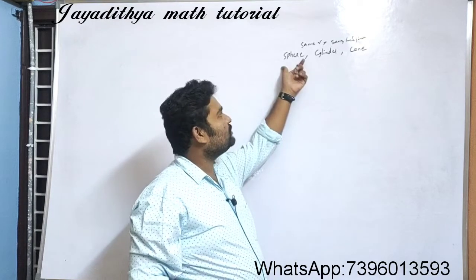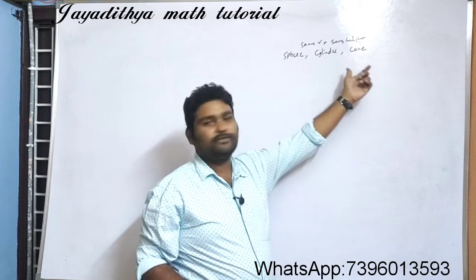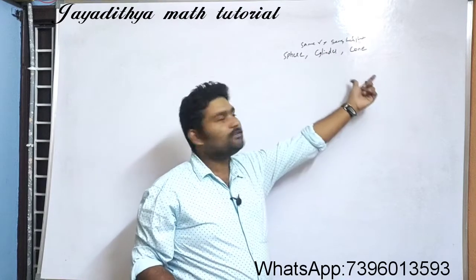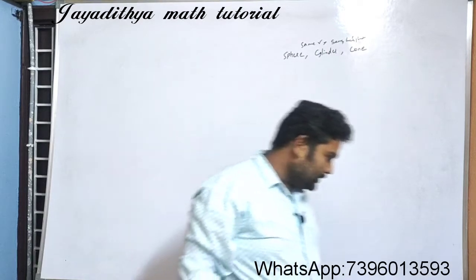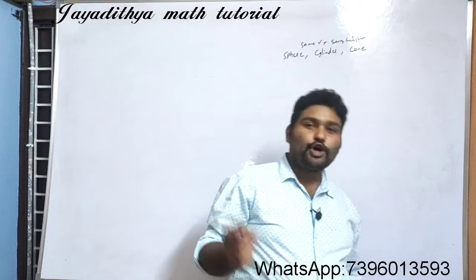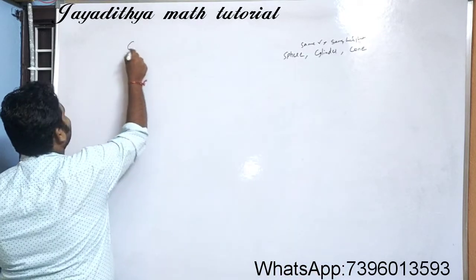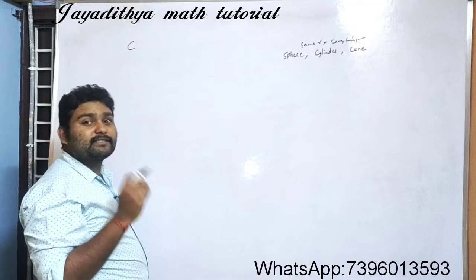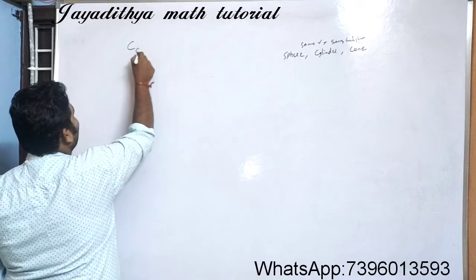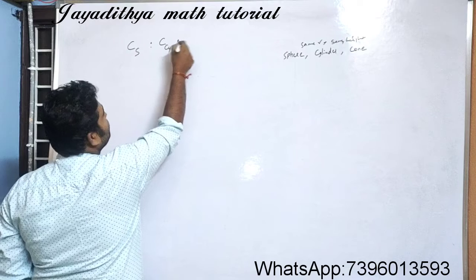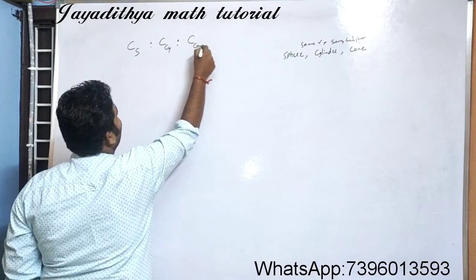That means radius of sphere is equal to radius of cylinder is equal to radius of cone, and height of sphere is equal to height of cylinder is equal to height of cone here. Find the ratio of their curved surface areas. So we need to find the curved surface area of sphere is to curved surface area of cylinder is to curved surface area of cone.